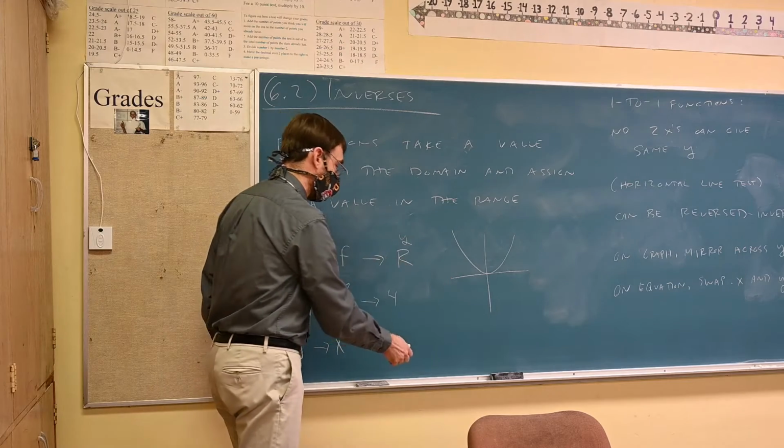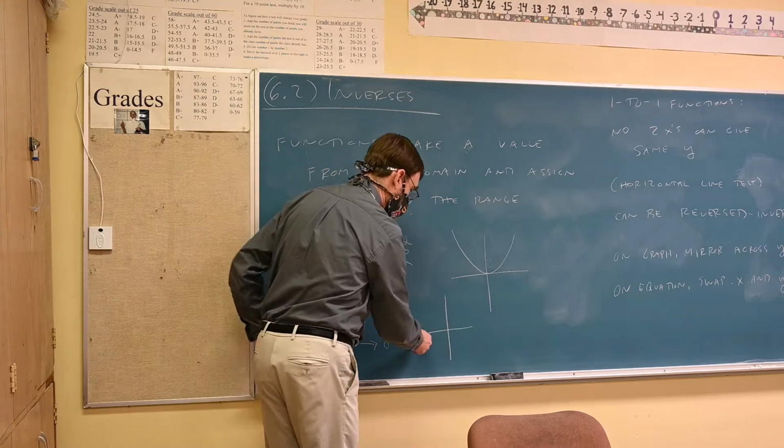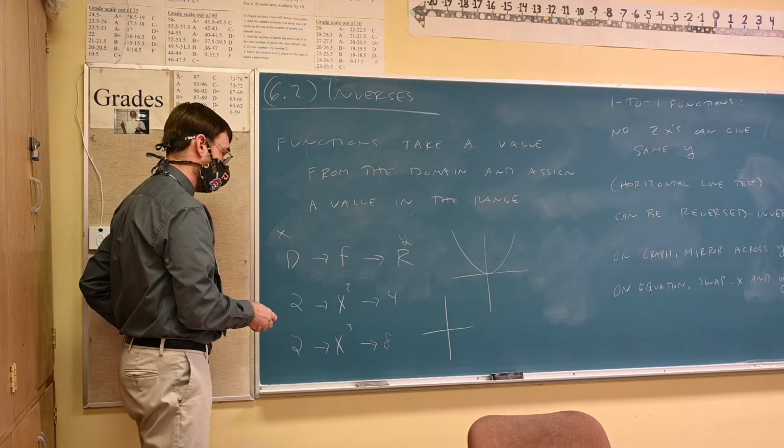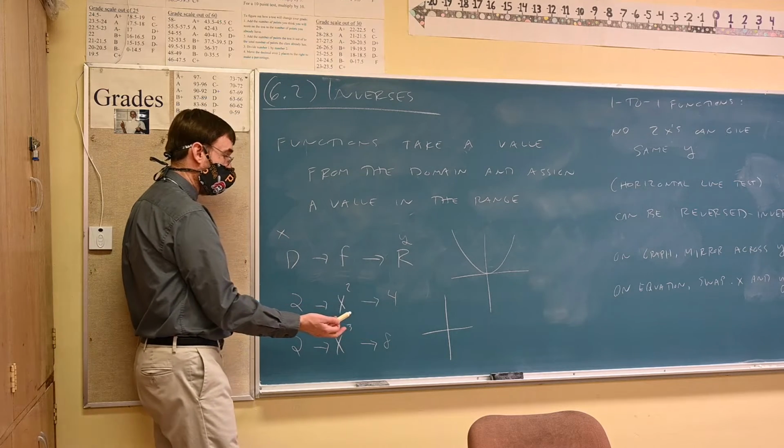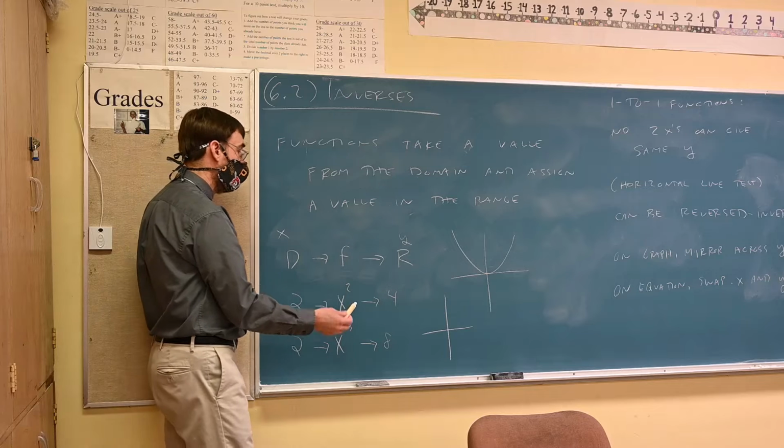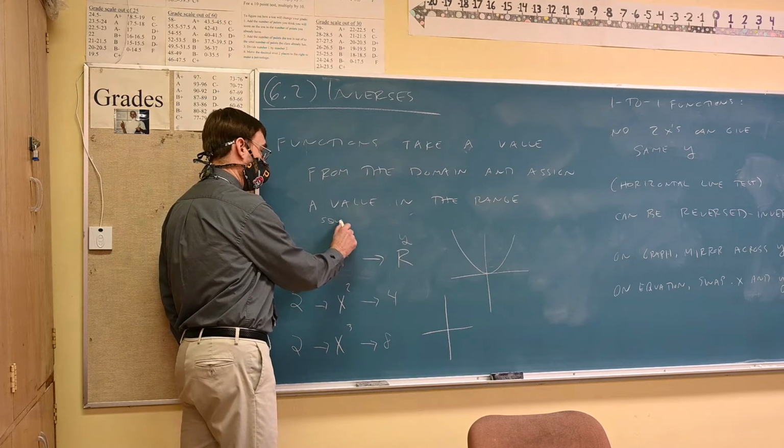So that qualifies that to be a function, to meet the definition of a function, which was, I stick in an x, I'm only going to get one choice out for y. I can't get multiple options out there. For example, square rooting.